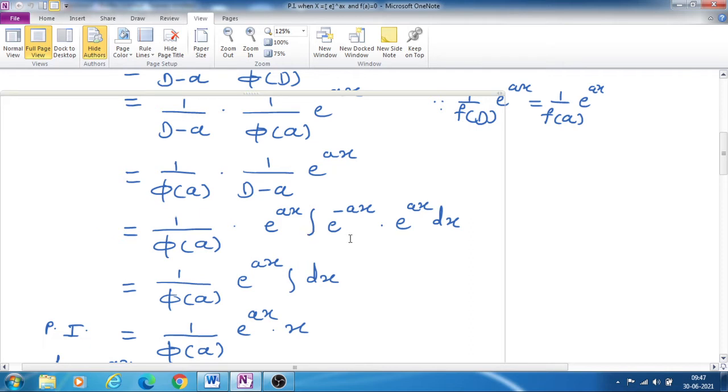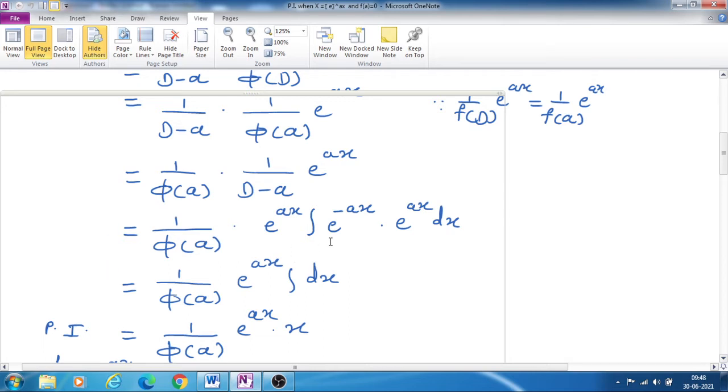We know the general formula that 1 upon D minus a into capital X is equal to e raised to ax into integral e raised to minus ax into capital X. Here capital X is e raised to ax.